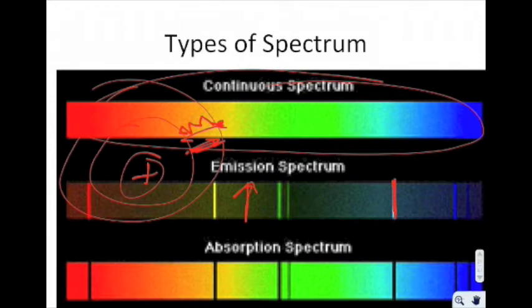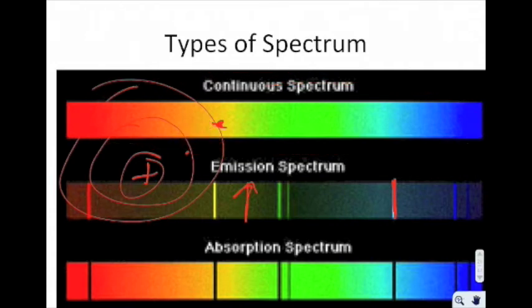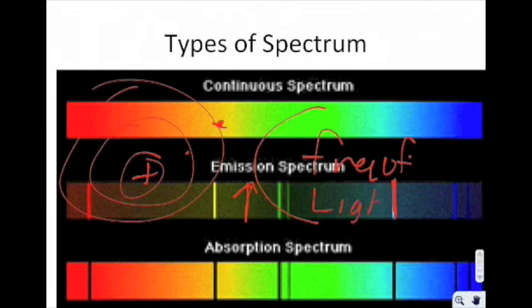Now if you look, the absorption spectrum is the exact same thing as the emission spectrum except for this. You have this same element, but what you're doing is you're exposing this element to all frequencies of light. So you're shooting all the light you can at this atom.